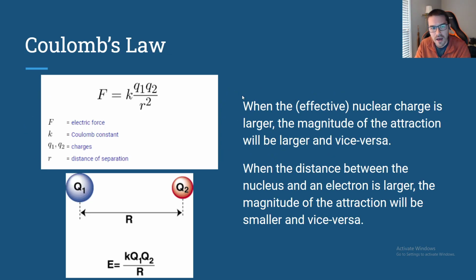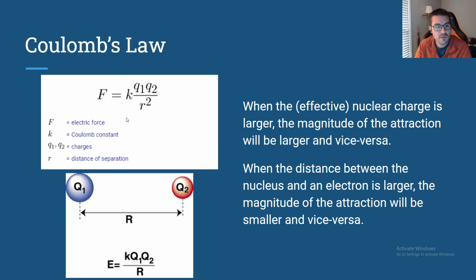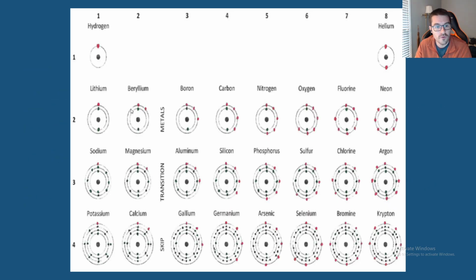And we have to think back to Coulomb's law. So we just said that the nuclear charge is increasing, so the number of protons is going up. Is the distance increasing? Are the valence electrons getting further and further away as we go across?